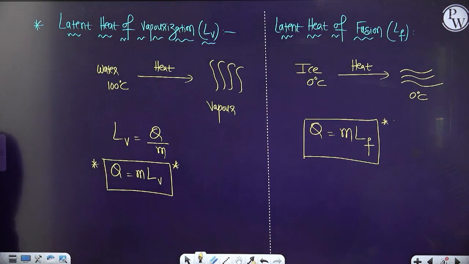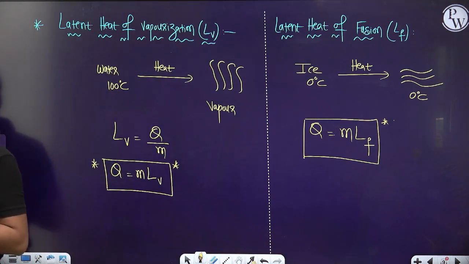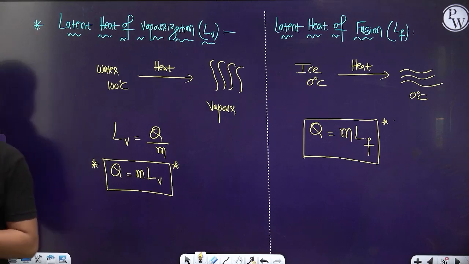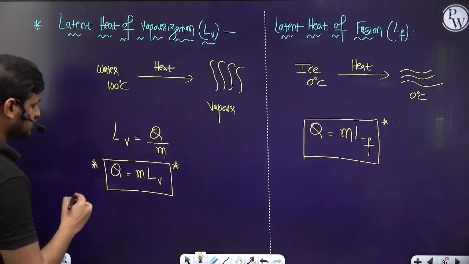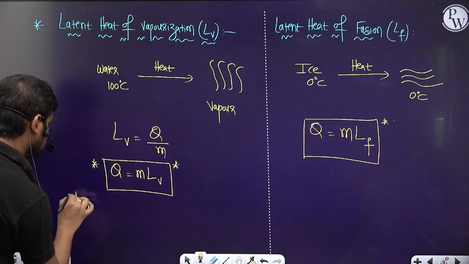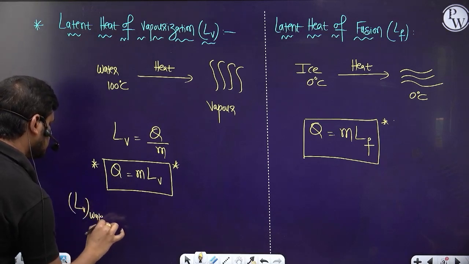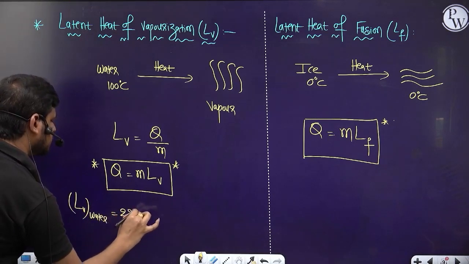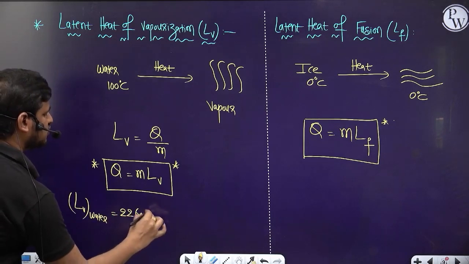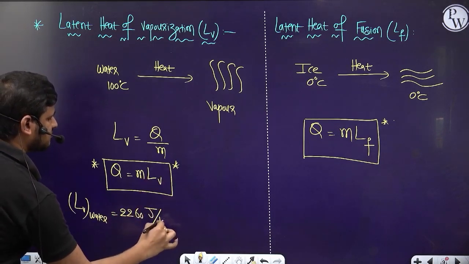Done? Chalo. So you can remember the values also. So for the water, it is 2260 joule per kg.